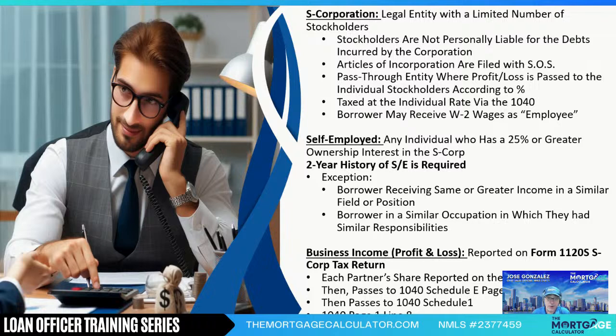Or this is how you can also see that the W-2 borrower who says he's an employee is really an owner. This is where your detective work comes into play when you're analyzing the documentation.